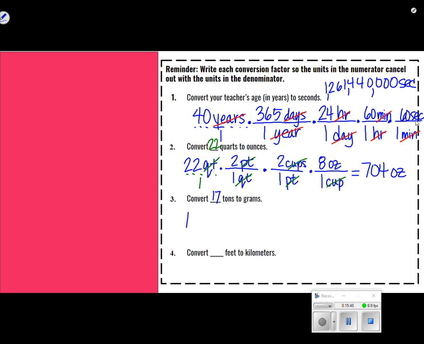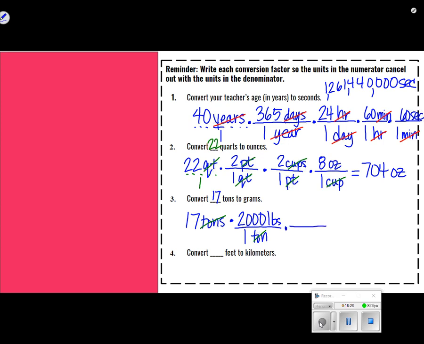So I'm going to write 17 tons. And tons can convert to pounds. There are 2,000 pounds in 1 ton. There we go. Now, we are going to have to go from pounds to grams. And if you go back and look, 1 pound is 454 grams.